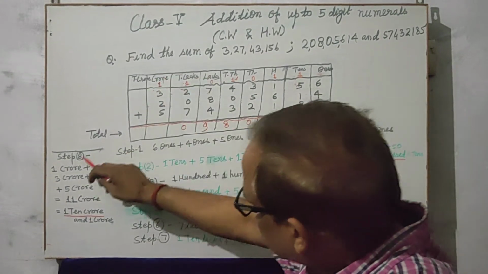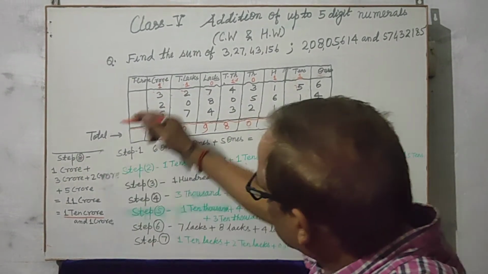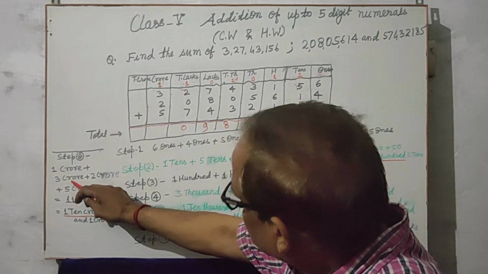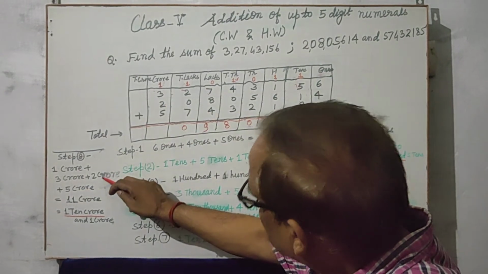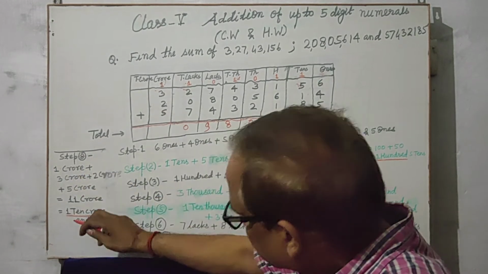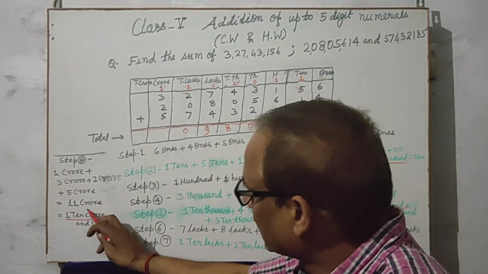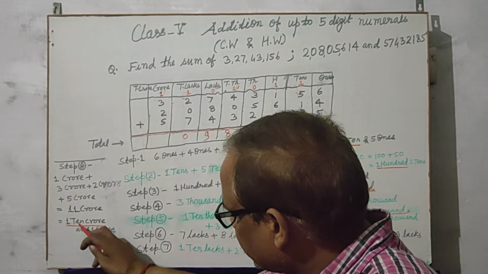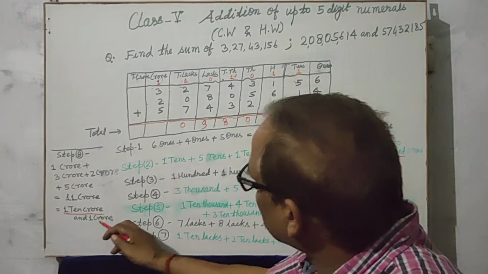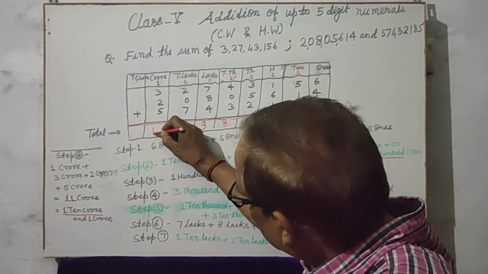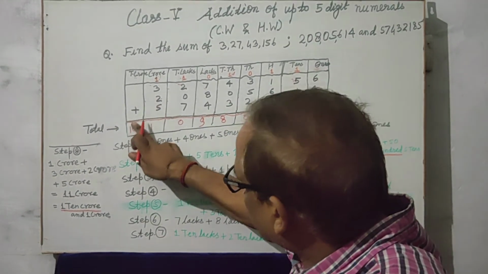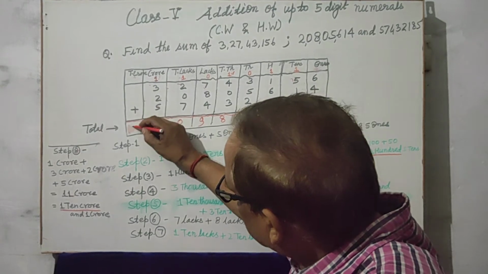Now this is step 8. 1 crore plus 3 crore, plus 2 crore, plus 5 crore, and adding them you are getting 11 crore. 11 crore means 1 ten crore and 1 crore.